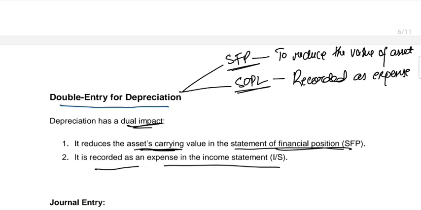Depreciation is presented as an expense in the statement of profit or loss, but what it does in the statement of financial position is simply go and reduce the value of the asset. It does not stay there. It does not sit on the face of the statement of financial position. It just simply reduces the value of the asset, and then from there it goes to the statement of profit or loss. So you can think of it this way. What does depreciation do?